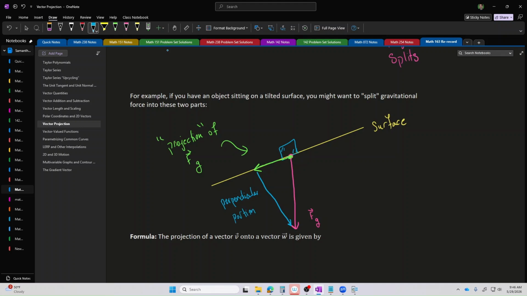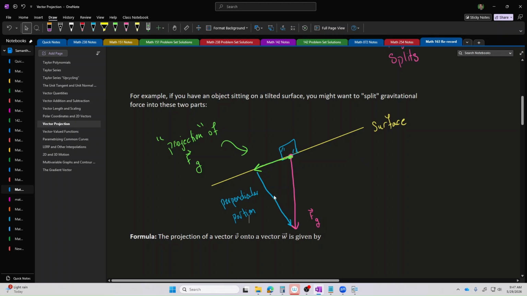The reason that I might want to split the gravitational force vector into these two portions is that these two portions are having very different effects on the object in this problem. The projection here, the portion of gravity that actually is parallel to the surface, is the portion that would have the effect of potentially sliding this object down the surface and moving it along the surface.